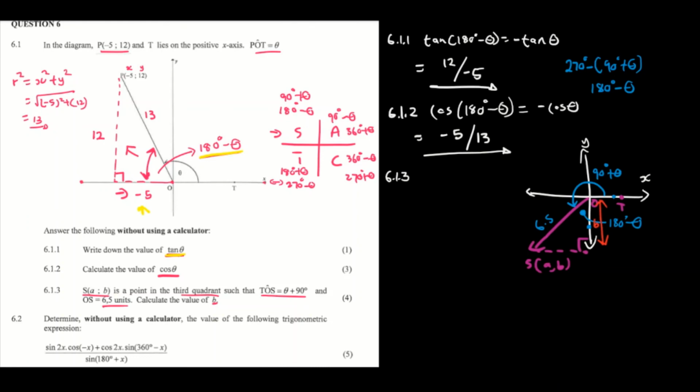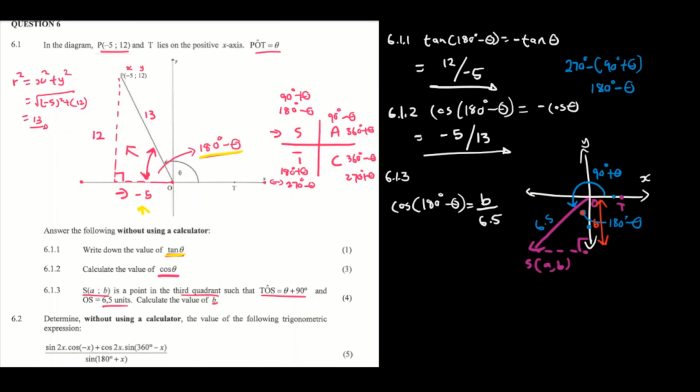So you need to find that B. So B, according to the angle of 180 degrees minus theta, is the adjacent side. So you're simply going to say cos of 180 degrees minus theta equals your adjacent side, which is your B, divided by your hypotenuse side, which is your 6.5.